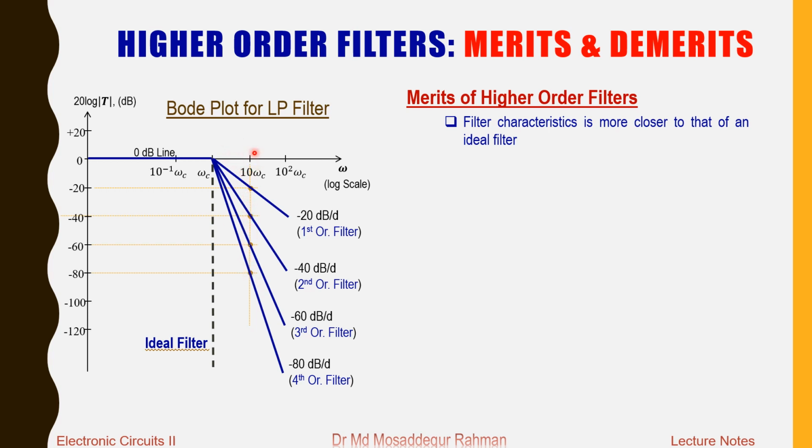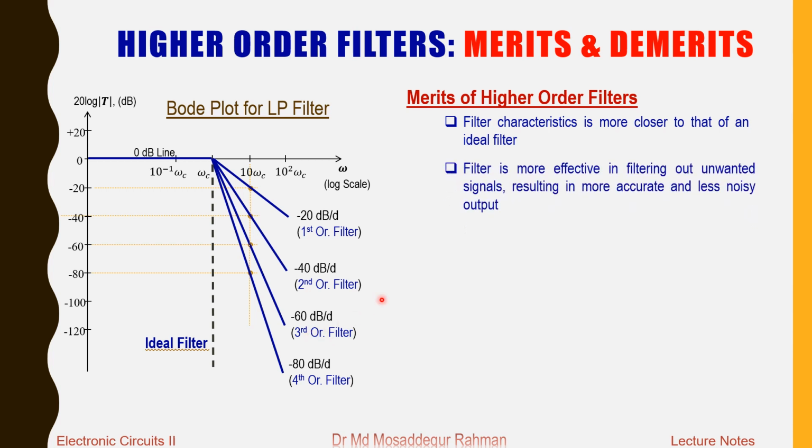You will get more precise output with the higher order filter. So that is the benefit of higher order filters. The filter becomes more effective in blocking the unwanted signal, and the ultimate result is a more precise and less noisy output.